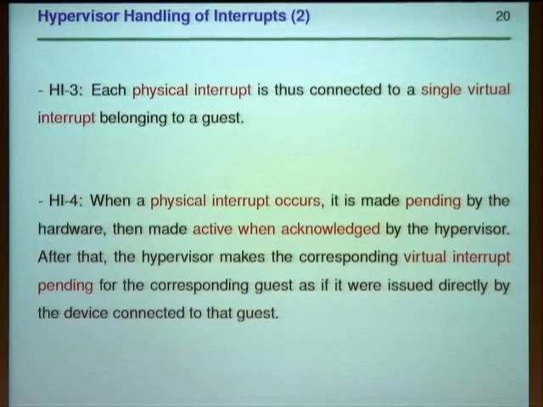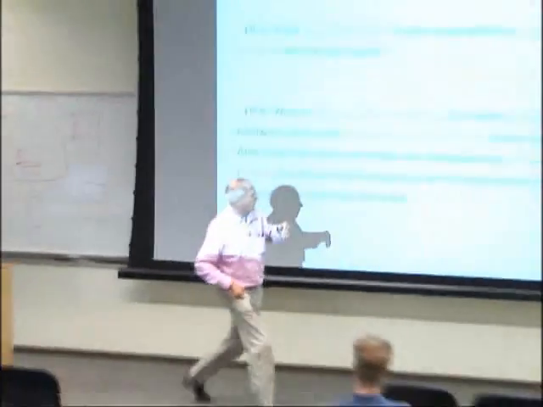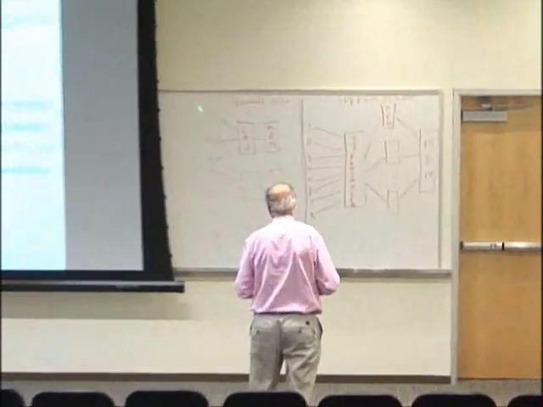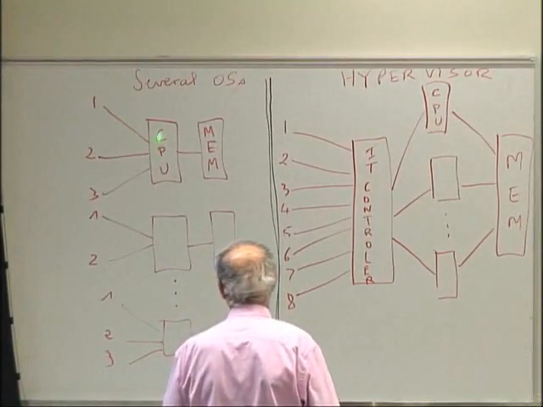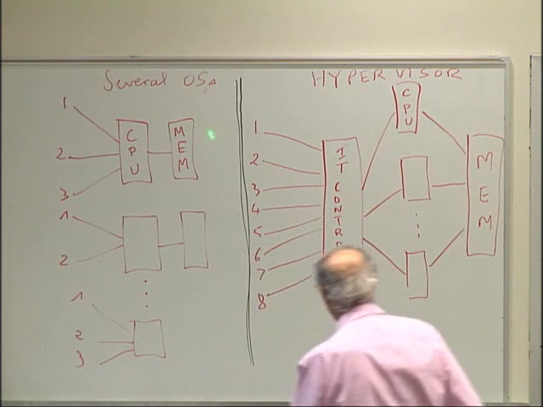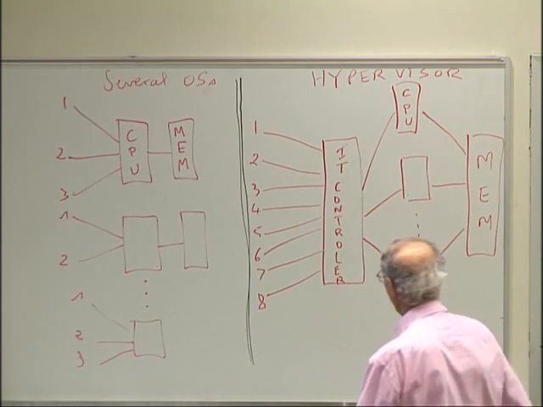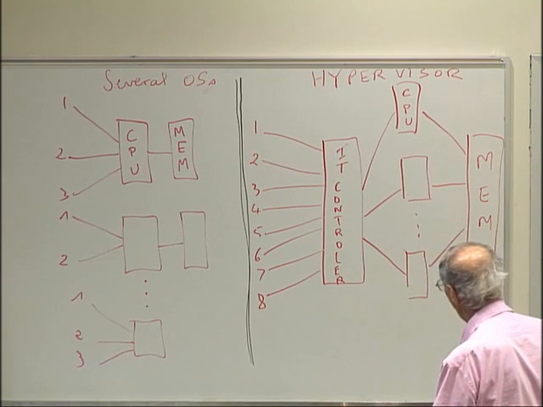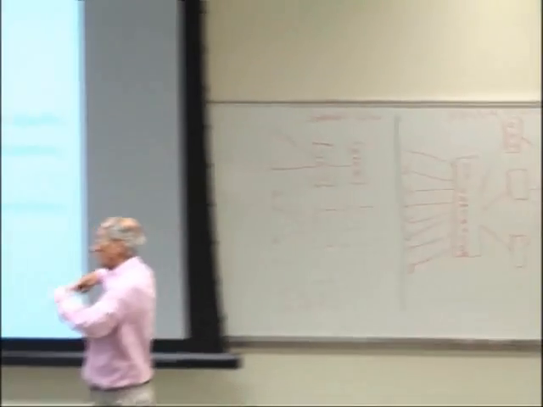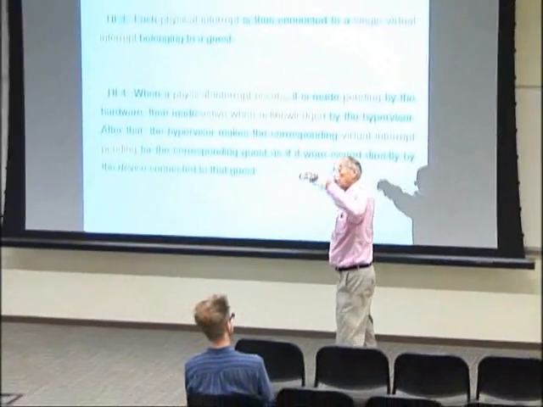So now we have the problem that here, you remember, the interrupt was physically arriving, and here the interrupt will be virtually arriving. But what is physically arriving is the physical interrupt. The physical interrupt arrives here, and immediately the hypervisor traps that interrupt and takes control.